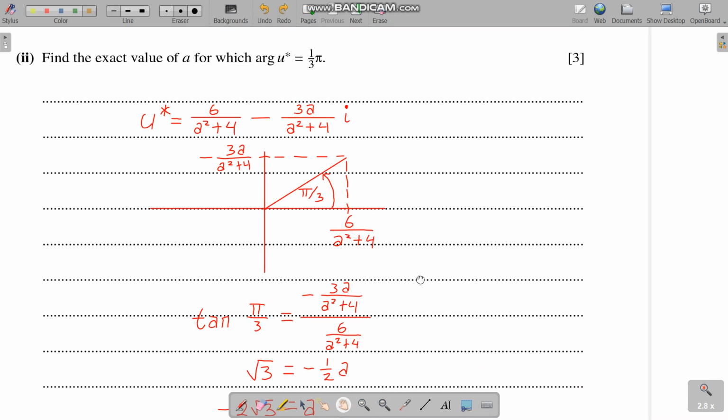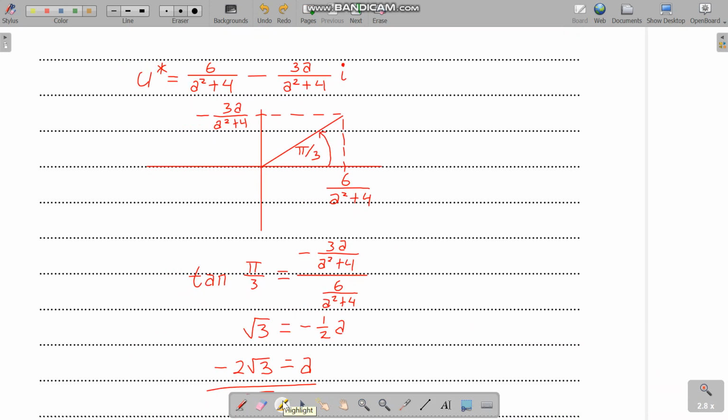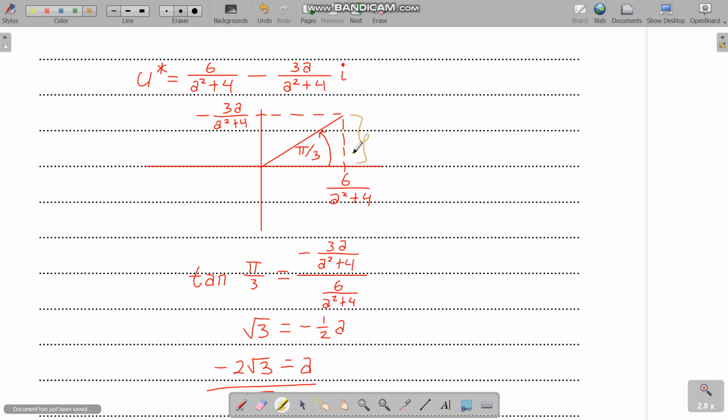So this means if we want to find a, we can use the fact that the tangent, if you look at this triangle, is this length opposite divided by this length adjacent. So this length is this number here, and this length is this number here.